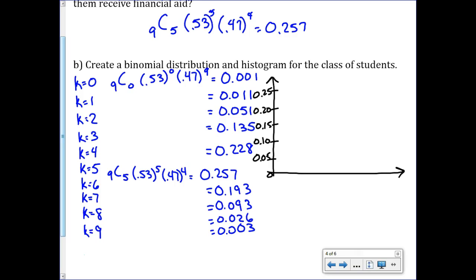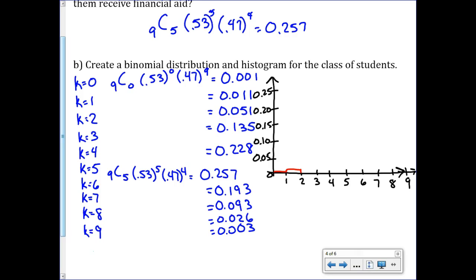And this is 0. Then 1, 2, 3, 4, 5, 6, 7, 8, 9. I didn't quite give myself enough space there. Okay, so if I fill these in, 0.001 is barely coming off of here. 0.011 is still barely off of there.